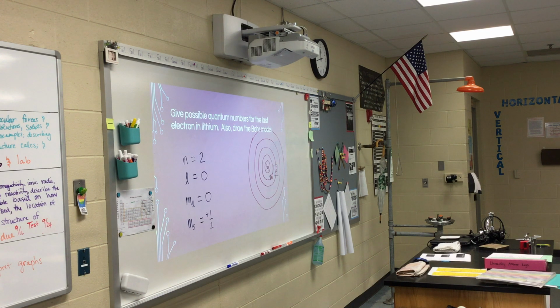The Bohr model is not the accurate model of the atom, but we use it as a teaching tool because it's got some aspects of it that are correct. But that's not what the atom looks like. Have you ever seen those jawbreakers where you put them in your mouth and they're green, and you suck on it for a while and then you take it out and it's red, and you put it back in and suck on it a little longer, you pull it out and it's yellow, right?